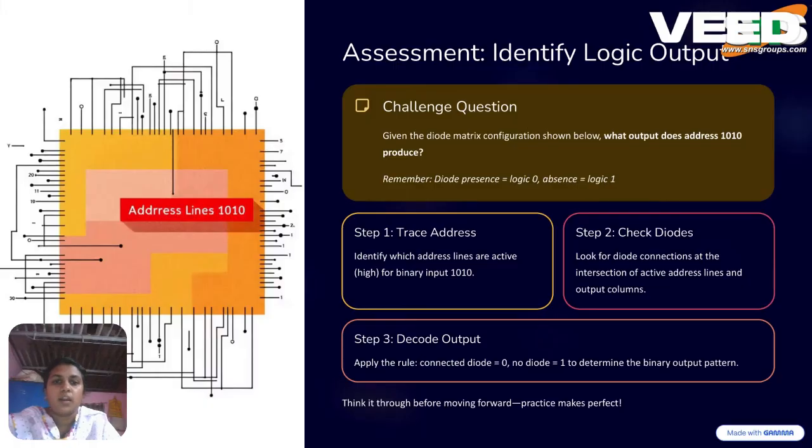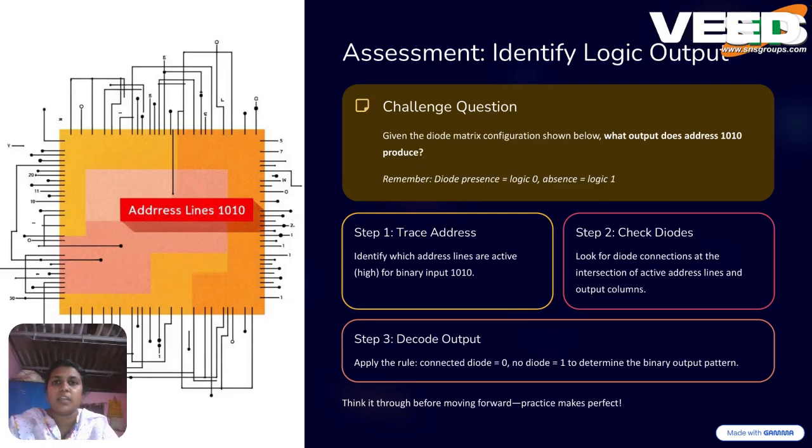First, track the address word line, and second, check the diode connections and decode the outputs. The first step: select an address input, for example a 2-bit address in a 4 by 4 matrix. Second, look at the diode connections, looking at the intersections of the active word line and the bit lines.